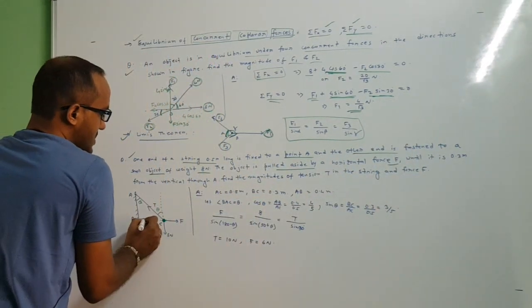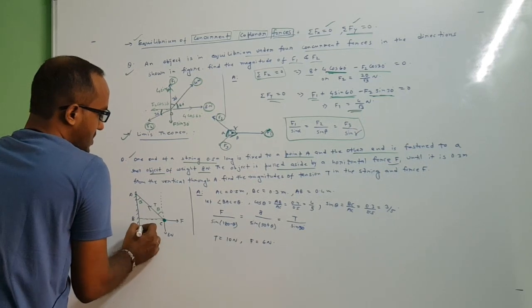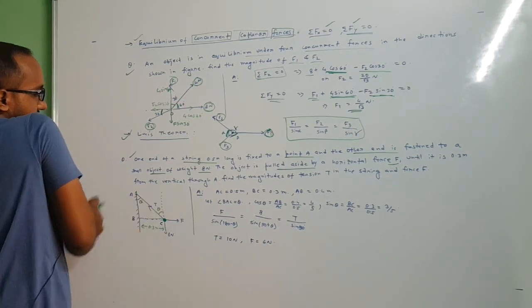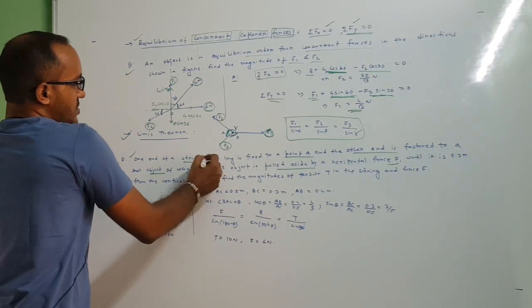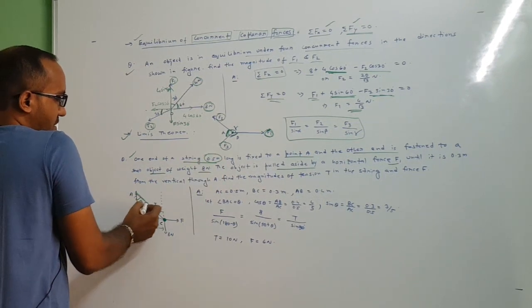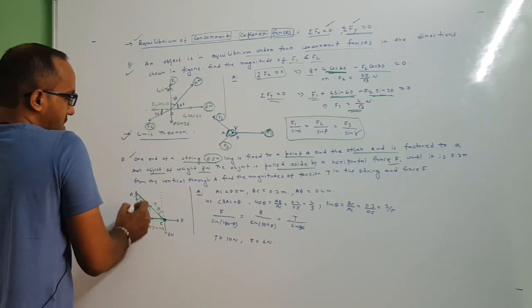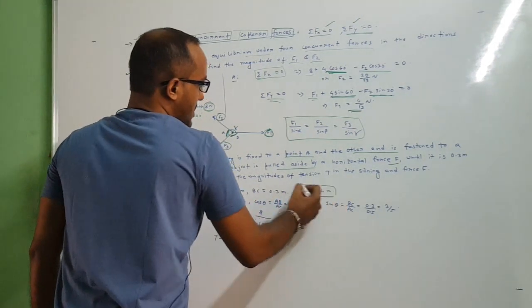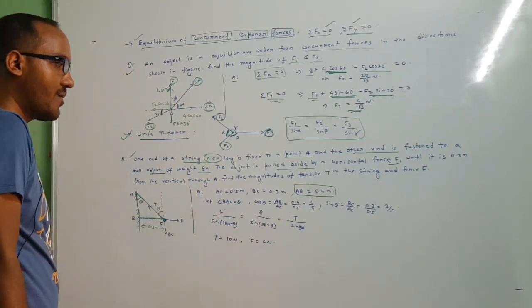That means this distance is given as 0.3 meter. The length AC we already know is 0.5 meter. Now it's a right angle triangle. Apply Pythagoras. You will get AB as 0.4 meter.